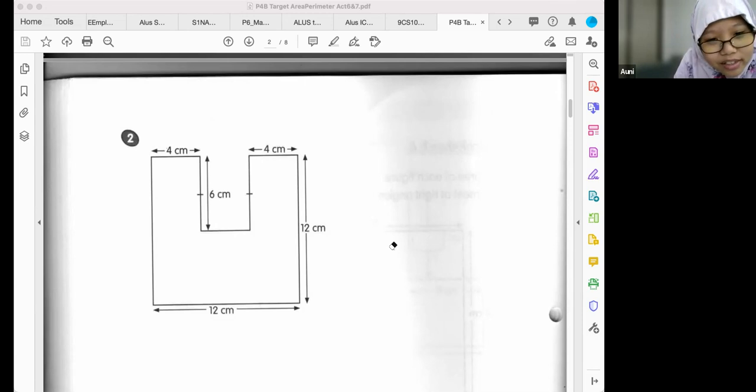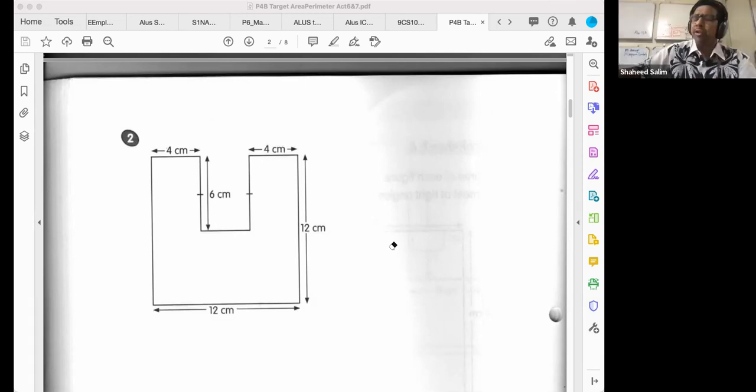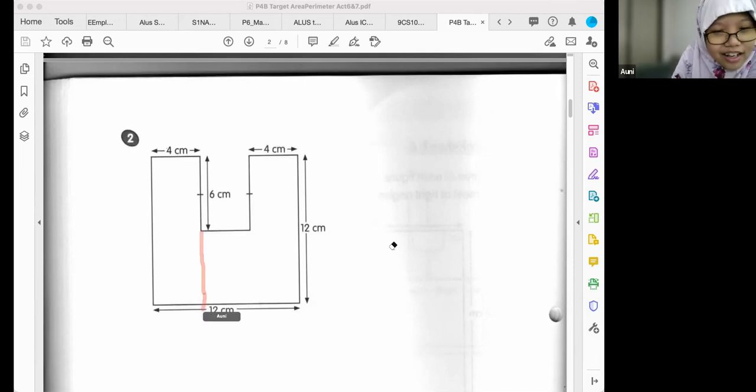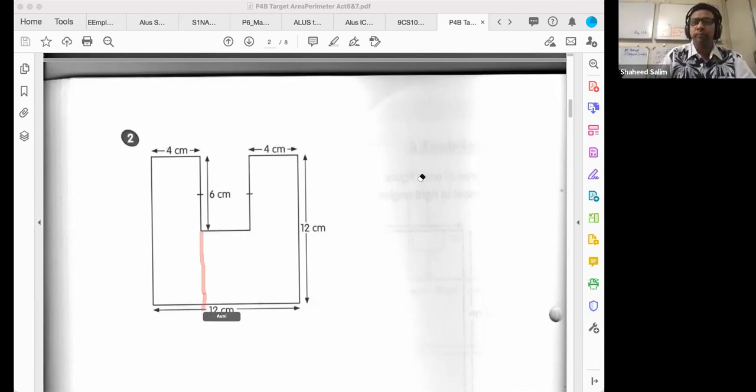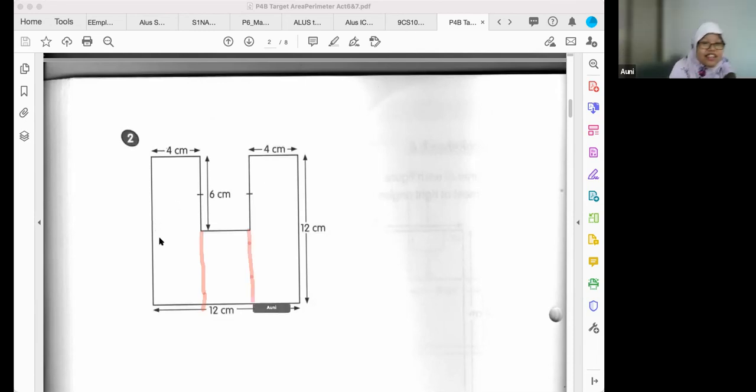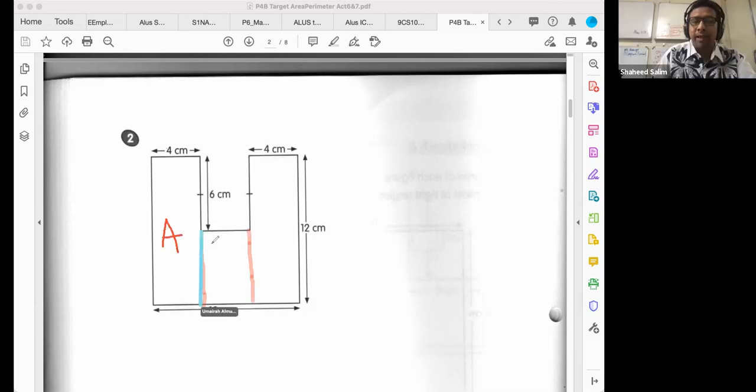So I make it neat. No need, because on screen it might be difficult. Okay, good. It's a bit hard to annotate. Okay. Good. So this can be rectangle A, rectangle B, rectangle C. Well done. So there's two ways of doing it.